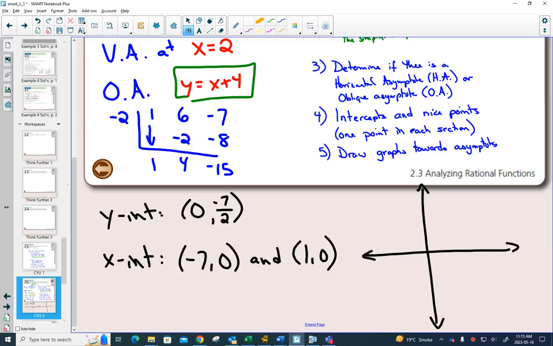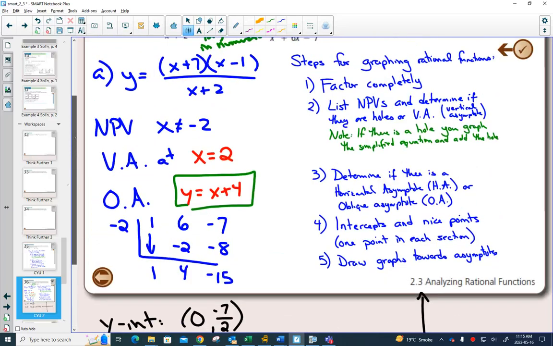You might have to find some other nice points. So we're going to look at what it looks like. Well, we have a vertical asymptote at, oops, I made a mistake here. See this here? If the non-permissible value is -2, then your vertical asymptote should be at -2.